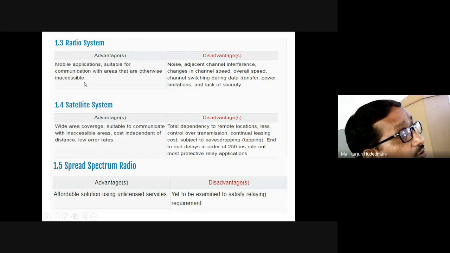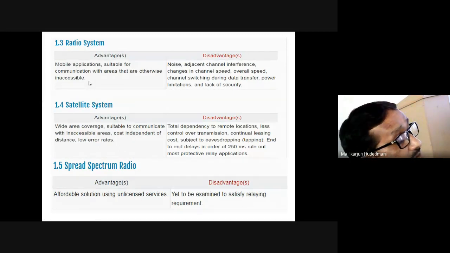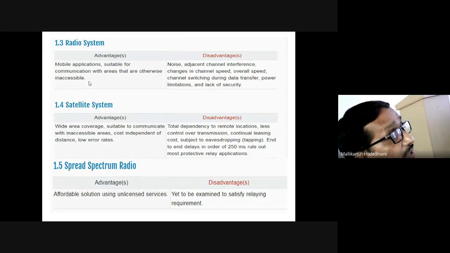And from radio communication, it is a mobile application, radio frequency RF, suitable for communication with areas that are otherwise inaccessible. You can imagine a hydro station, from the tail race to the top of the catchment area, the generation station, somewhere you would like to communicate.